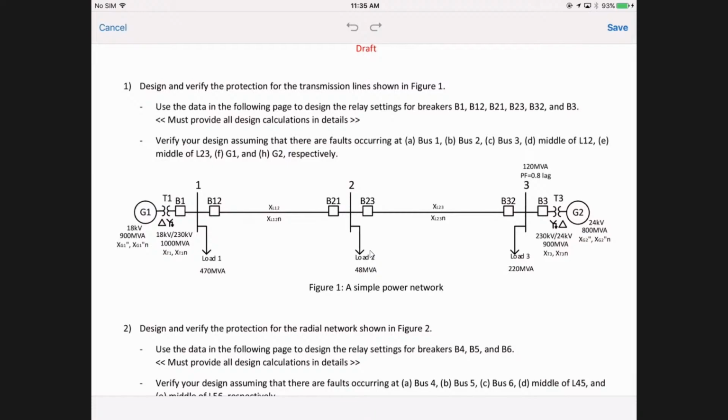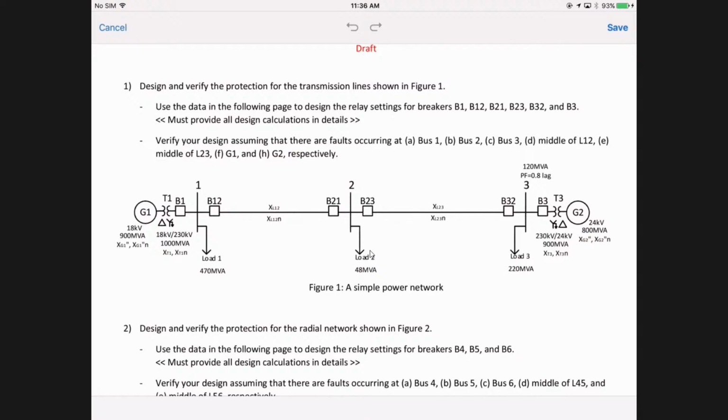Now, protection is different. In protection, you have to do the setting of each one. So it's opposite. You want to go back to non-per unit, because you have to set how many amperes, how many ohms of impedance.